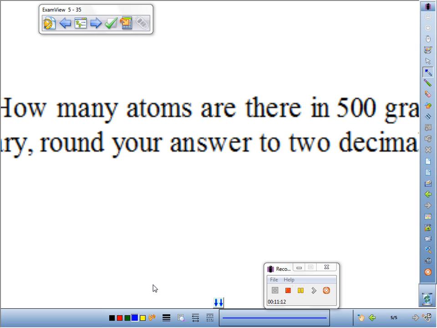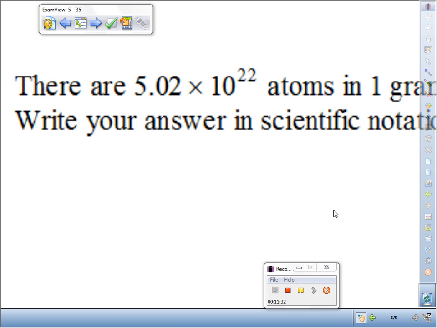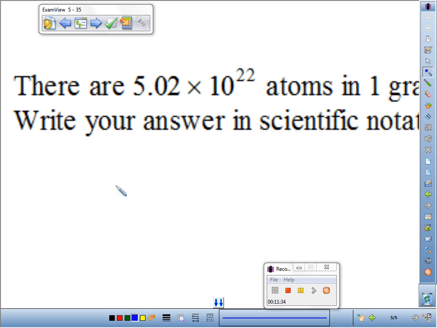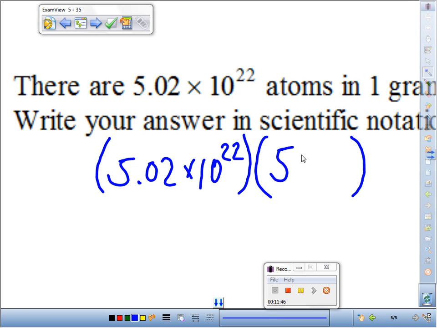With tax. But how much is it to buy 500? What do I need to do? Multiply. So that's why, look up please, that's why we need to write this one first. We write 5.02 times 10 to the 22nd. That's only for 1, but they want us to find out how much it is for how many? 500.